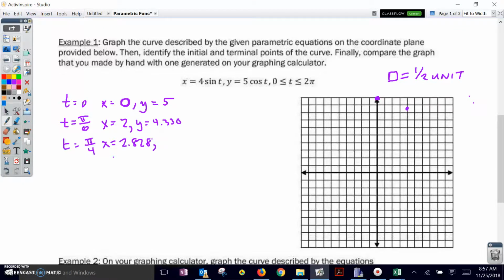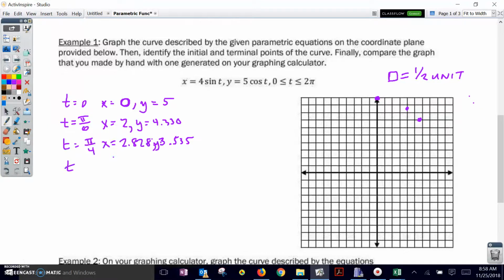And y is going to be about 5 root 2 over 2, which is about 3.535. And so I'll plot that point. I'll go out to 2.828 and up to 3.535. And I've got a point right around there.